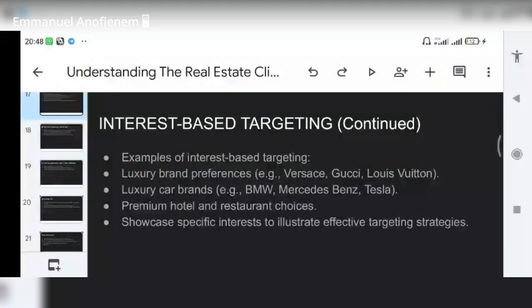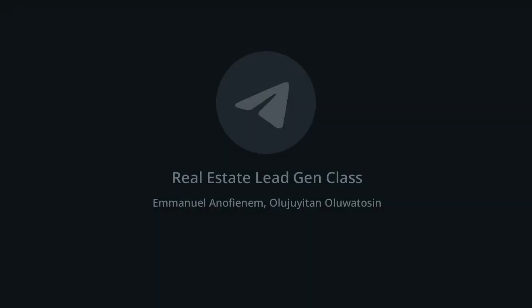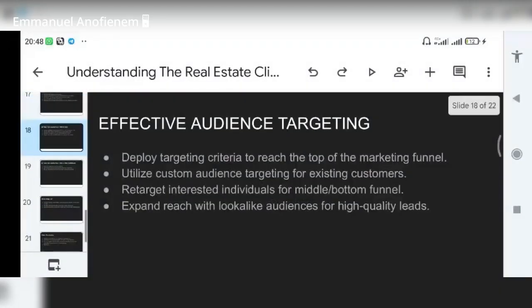So you can also target some premium hotels and restaurant choices. Target Mercedes Benz, Tesla, Gucci, all those things. So let's move on.